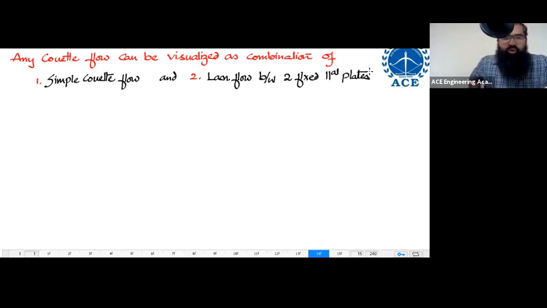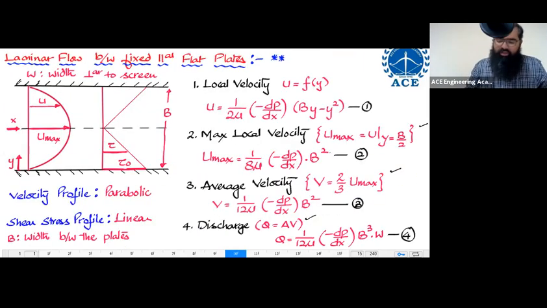So basically, Couette flow is actually, imagine that you are having, look at this particular slide. You are having laminar flow taking place between two fixed parallel flat plates. Now what you do, while the flow is taking place, you remove the fixing over here and you start pulling this plate also forward.